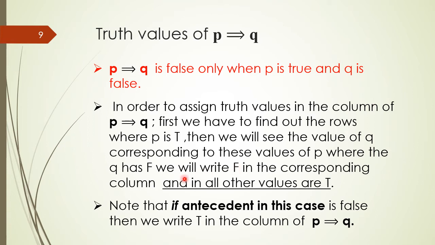Then we write F in the corresponding row, and all the other rows of the truth table for the conditional statement are true. It is important to note that if the antecedent part of the conditional statement is false, whatever the value of the consequent part, we write T in the column of P implies Q.